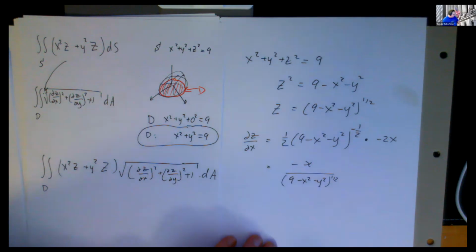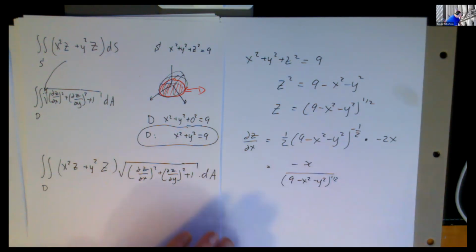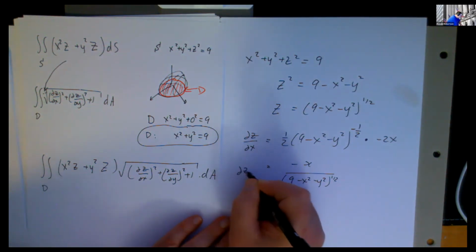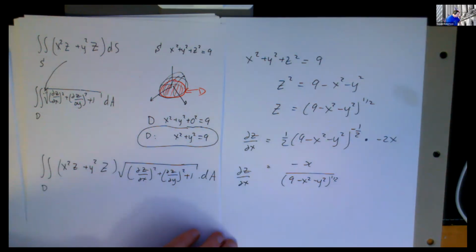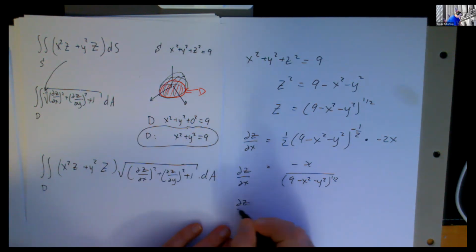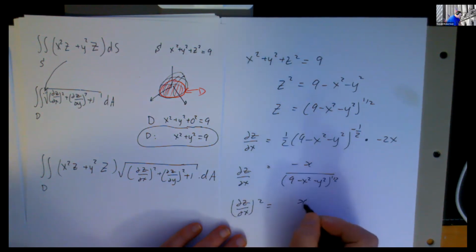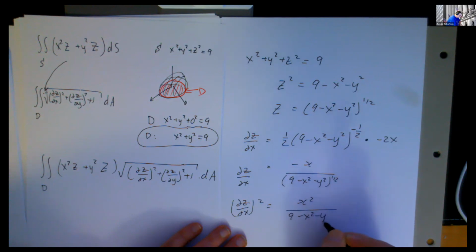Are you happy about the 2 and the 1/2 cancelling? The negative's still there. There's an x on the top, this guy's in the bottom. And that's only to get to there, right? Now, I know I'm going to square it, so I might as well do it right now. If you square this, you get x squared on the top, and you get 9 take away x squared, take away y squared on the bottom.